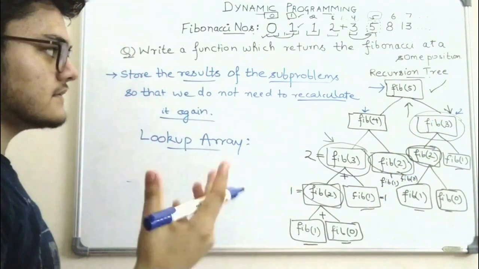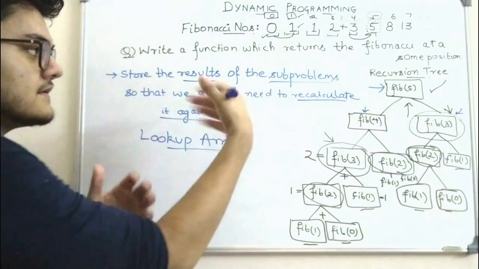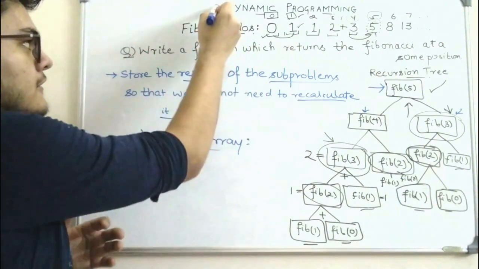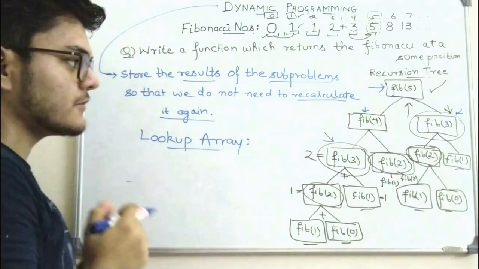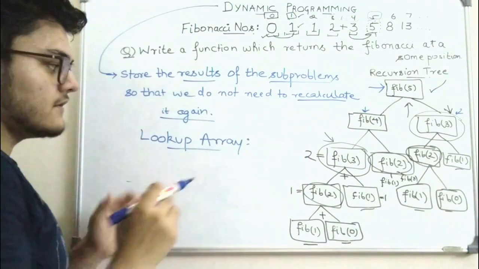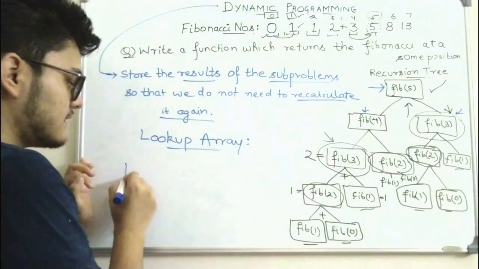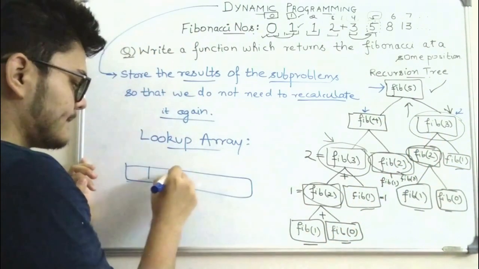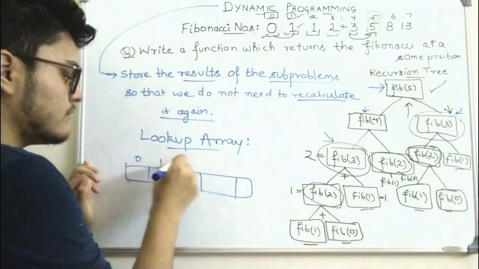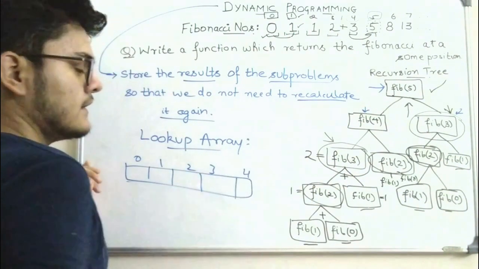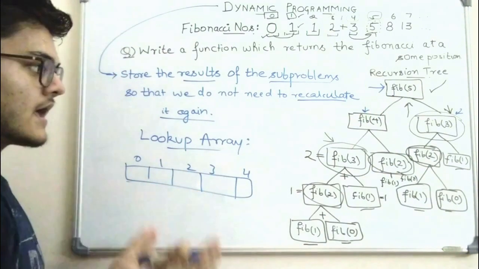So how does it solve our problem of optimization? How does this dynamic programming solve this optimization problem? So the answer is that whenever you calculate a subproblem, you will store this result in an array. So let's suppose this is Fibonacci of 4, 0, 1, 2, 3, 4. Whenever we calculate this subproblem, we are going to store it in this array.